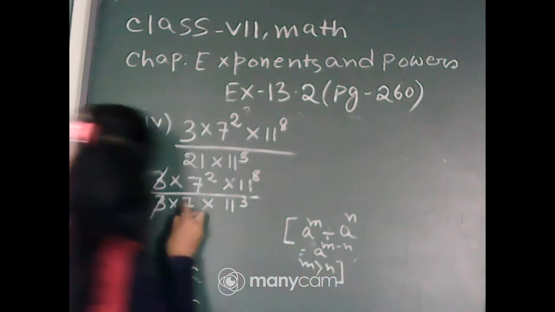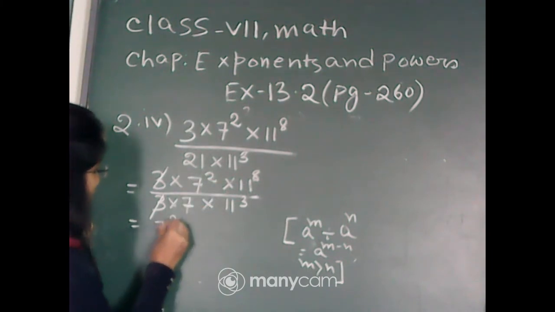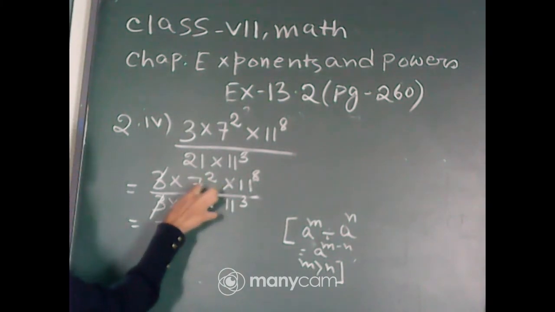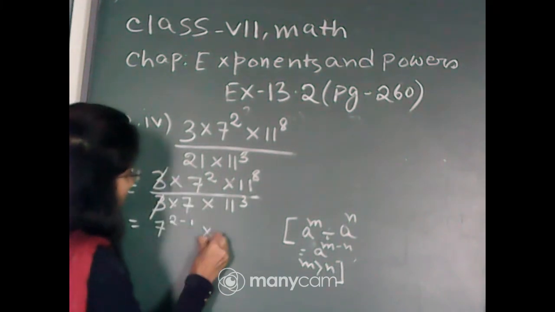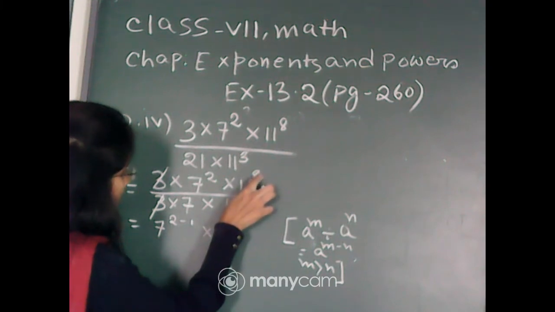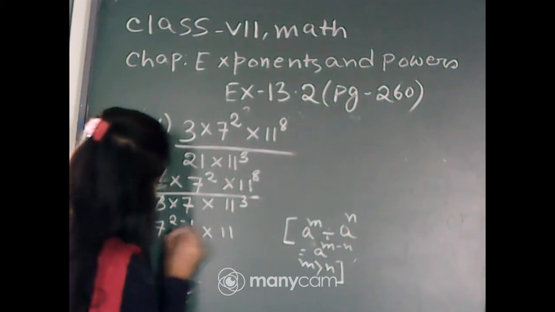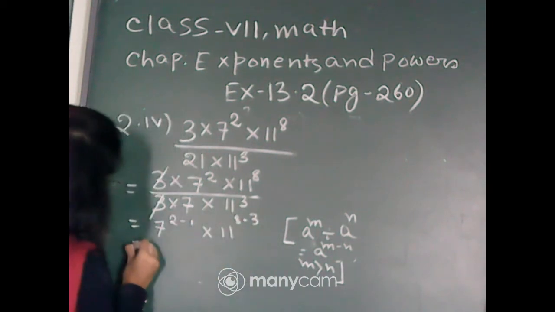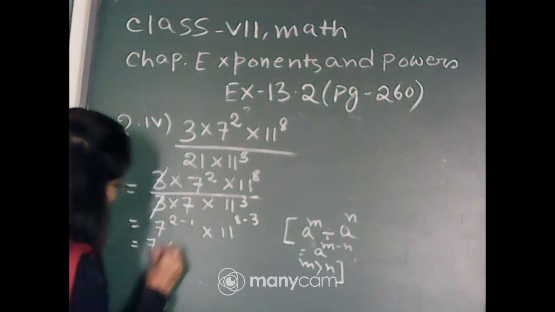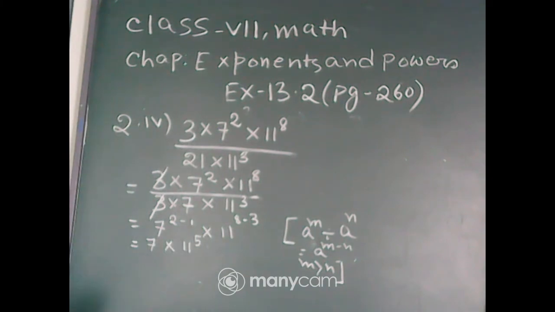Using this law, we get 7 to the power 2 minus 1, because here the power of 7 is 2 and here the power of 7 is 1, and here the power of 11 is 8 and the power of 11 is 3. So, this is equal to 11 to the power 8 minus 3, and the final answer is 7 into 11 to the power 5. Clear? The answer is 7 into 11 to the power 5.